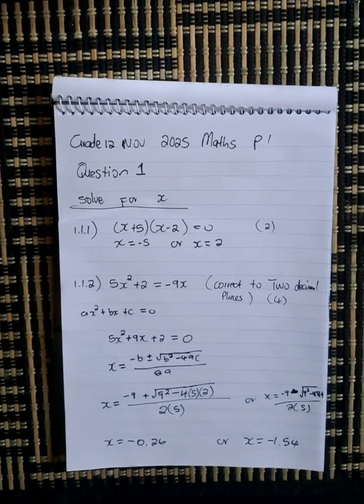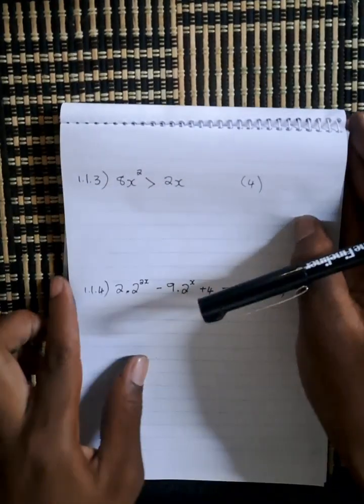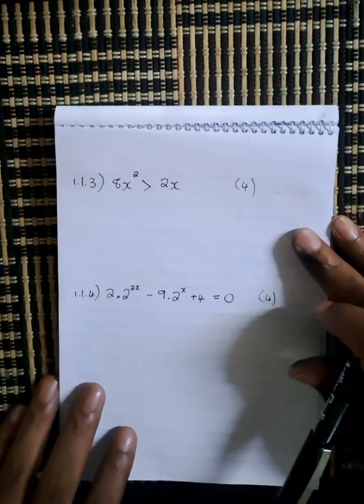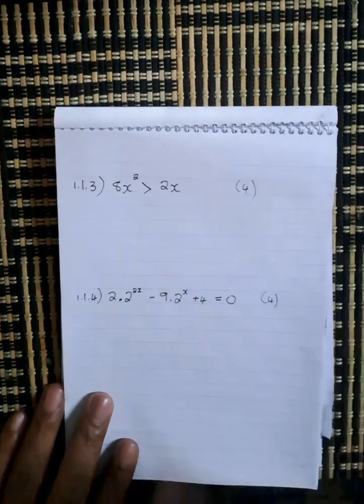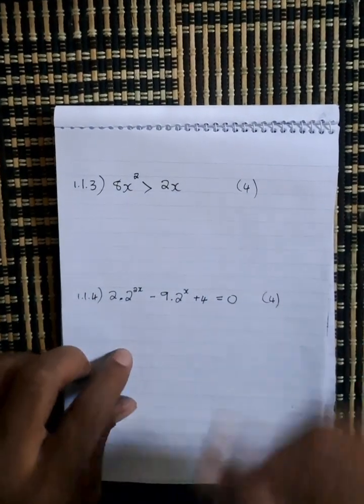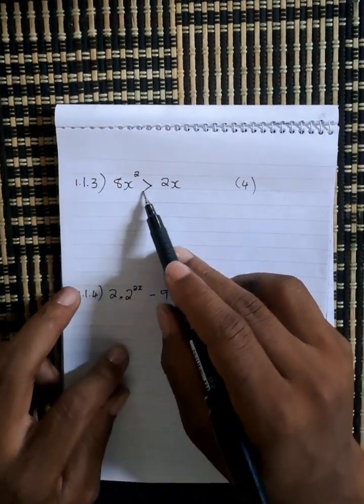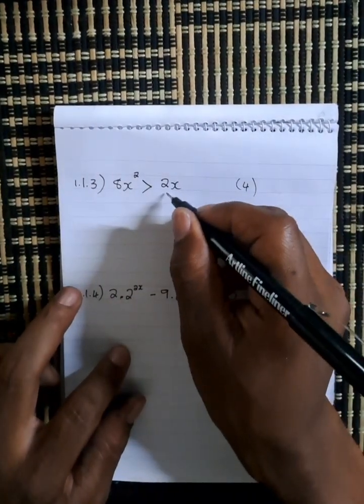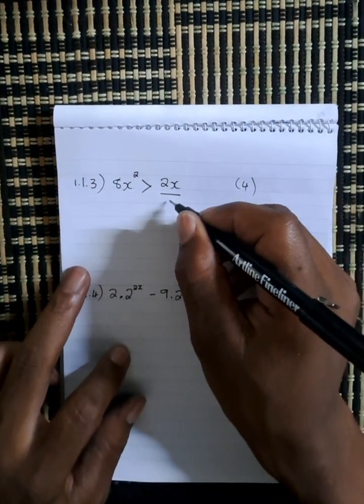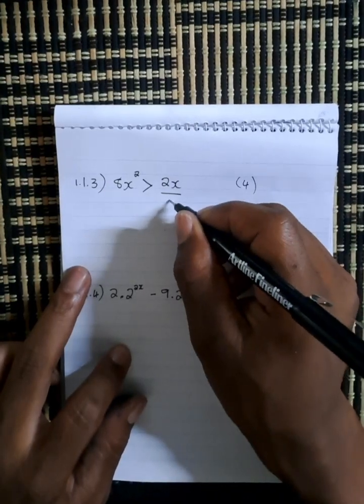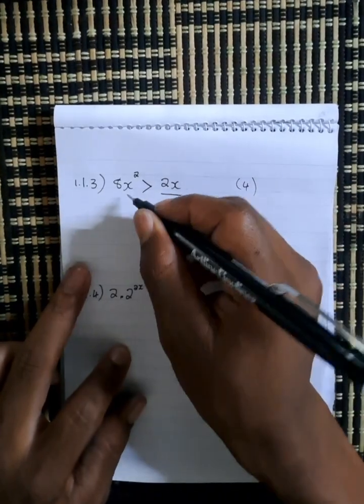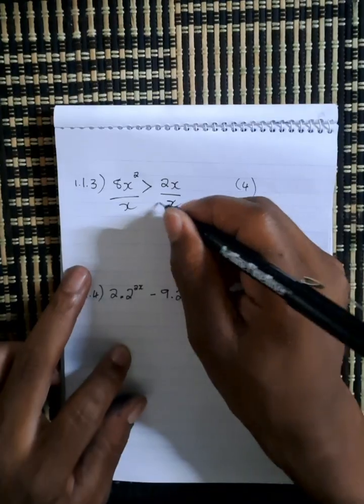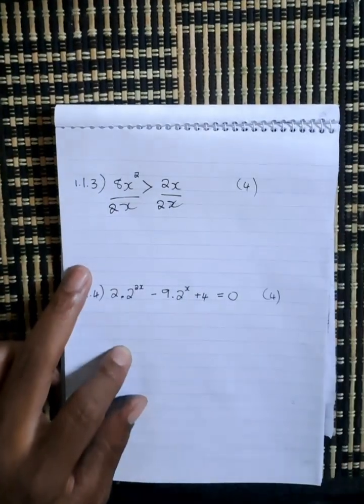Great stuff. Let's move on to 1.1.3, also for 4 marks. Obviously this is an inequality, but we're just going to treat it like we're solving an equation. Let's divide by x first, then divide by 2x.